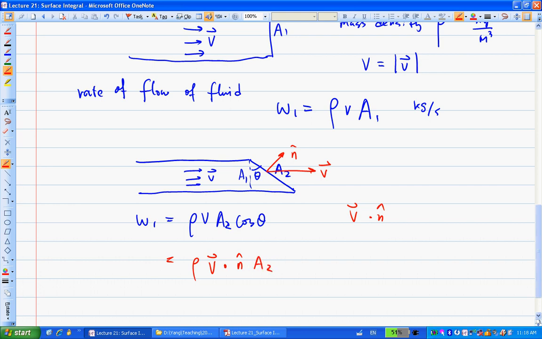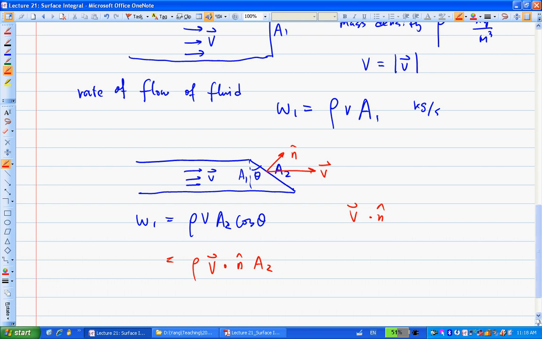That's the rate of flow of the fluid, or the amount of fluid passing through the cross section A2. So the idea is, when you talk about something passing through a surface, you need to look for the projection of that something in the direction of the unit normal vector of the surface.